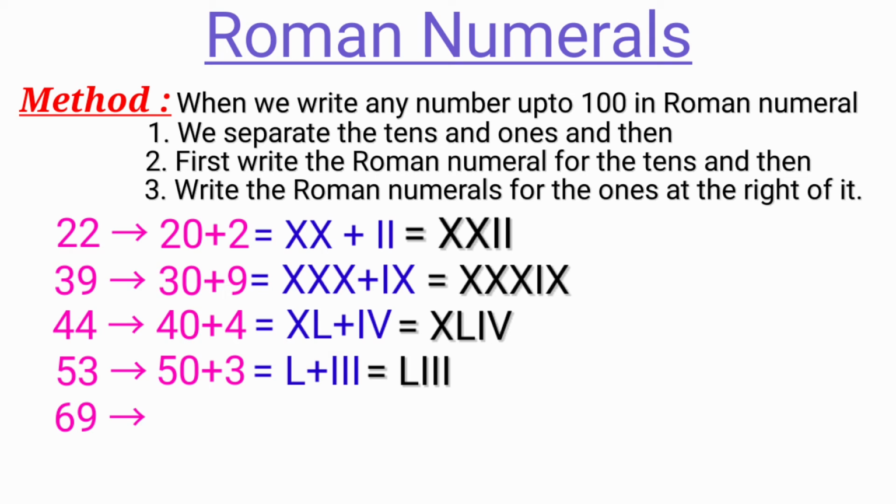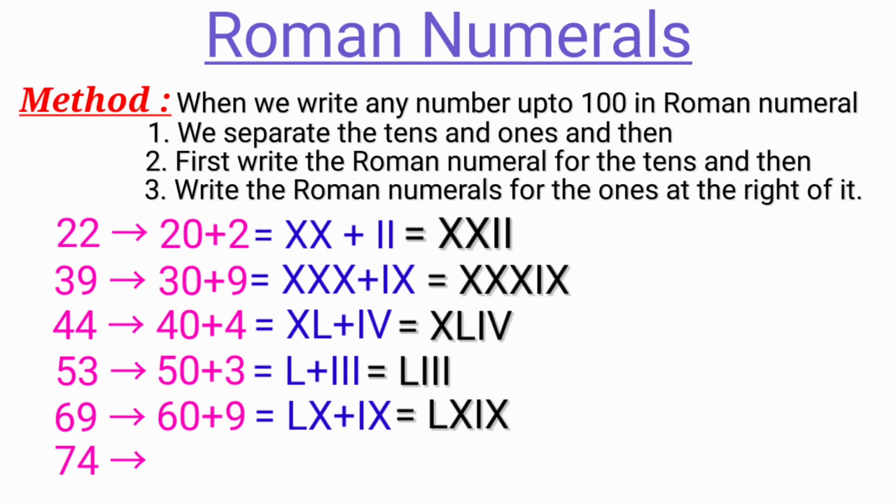Next is 69. Split 69 into tens and ones, that is 60 plus 9. For 60, we will write LX, and for 9, we will write IX. We get LXIX. Next is 74. Split 74 into tens and ones, that is 70 plus 4.